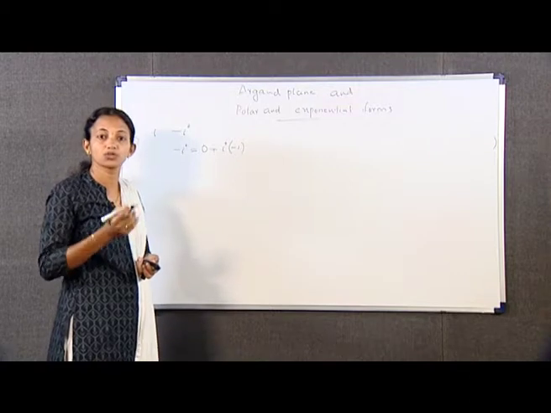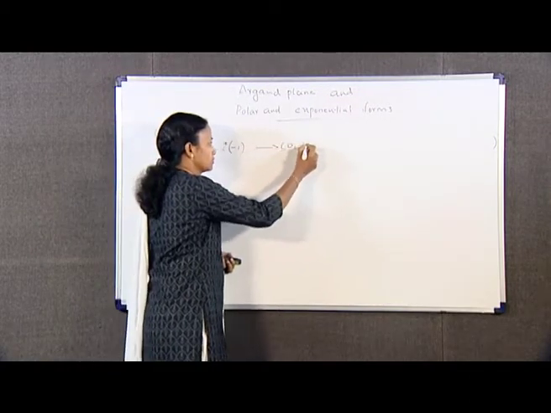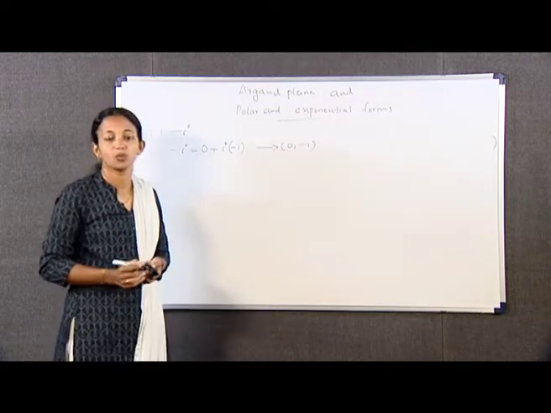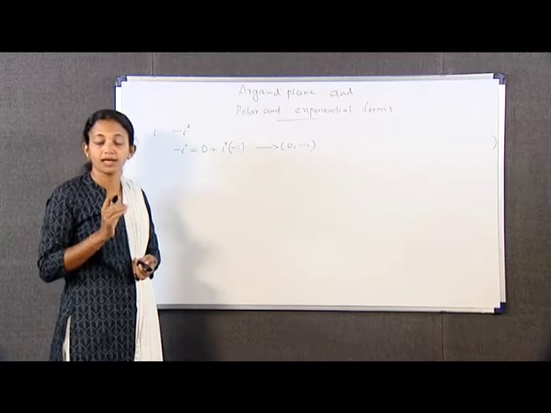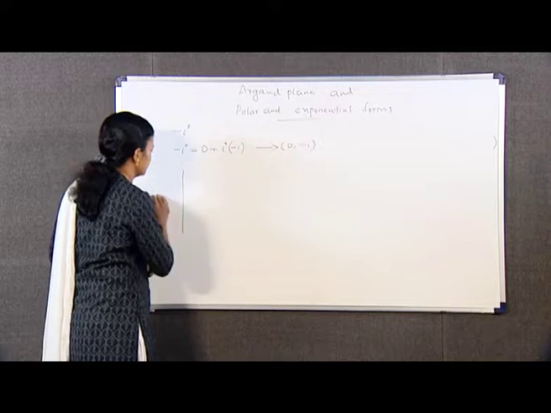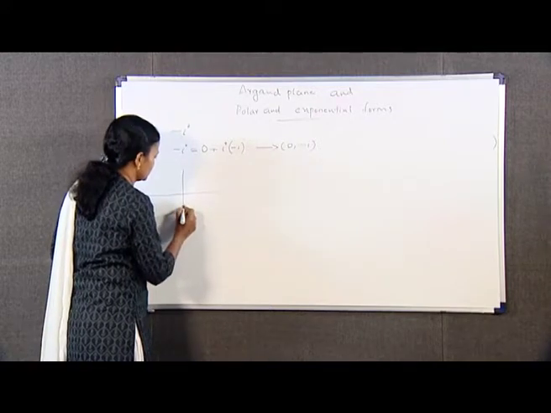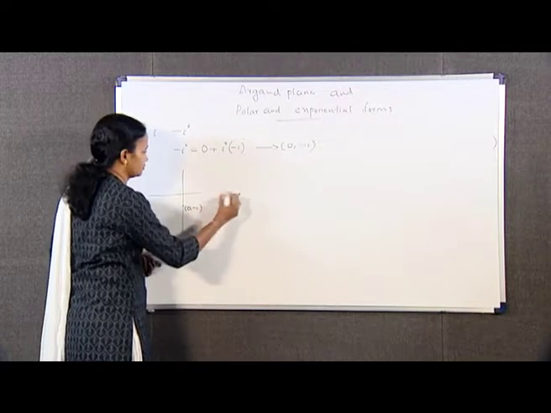This corresponds to 0, minus 1, which is a point that lies on the line of intersection of third and fourth quadrant. Here we have 0, minus 1.